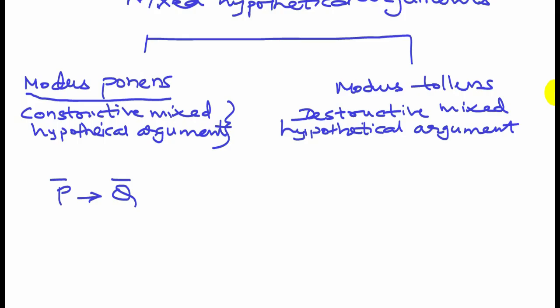So in this constructive mixed hypothetical argument, the minor premise affirms the antecedent. This is your if then statement, and then you have the minor premise. In this, the minor premise affirms that the antecedent is true. This is the major premise. Major premise is a hypothetical argument, as we know.